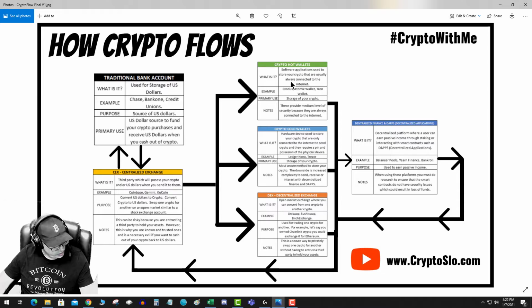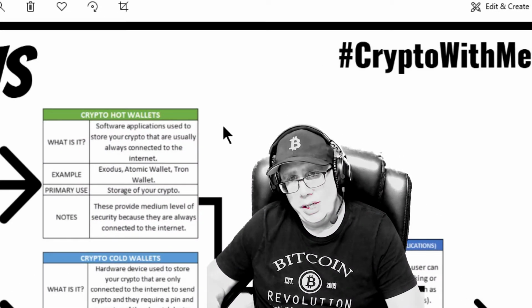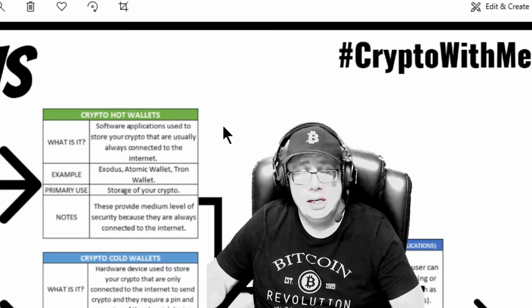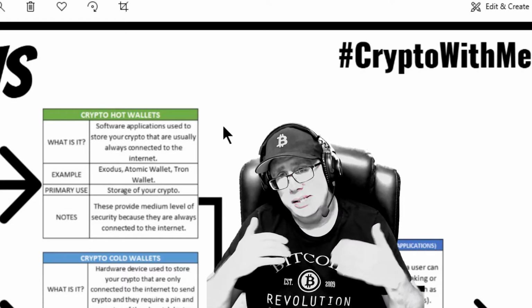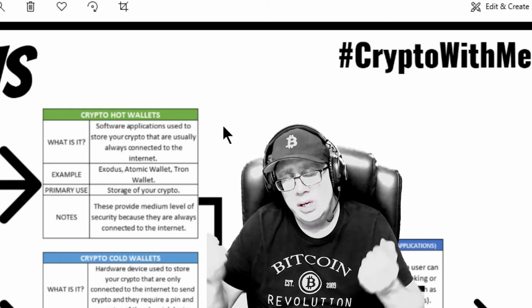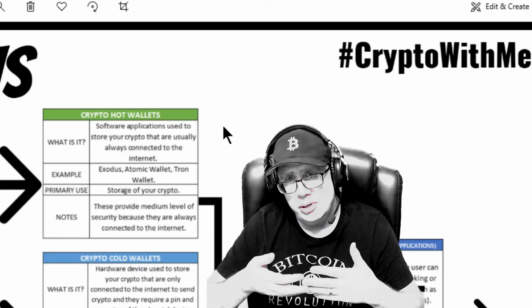Let's go over crypto hot wallets. Crypto hot wallets are software applications used to store your crypto that are usually always connected to the internet. Examples would be Exodus, Atomic Wallet, Tron Wallet, and MetaMask, which is used for Ethereum. Primary use is storage of crypto.